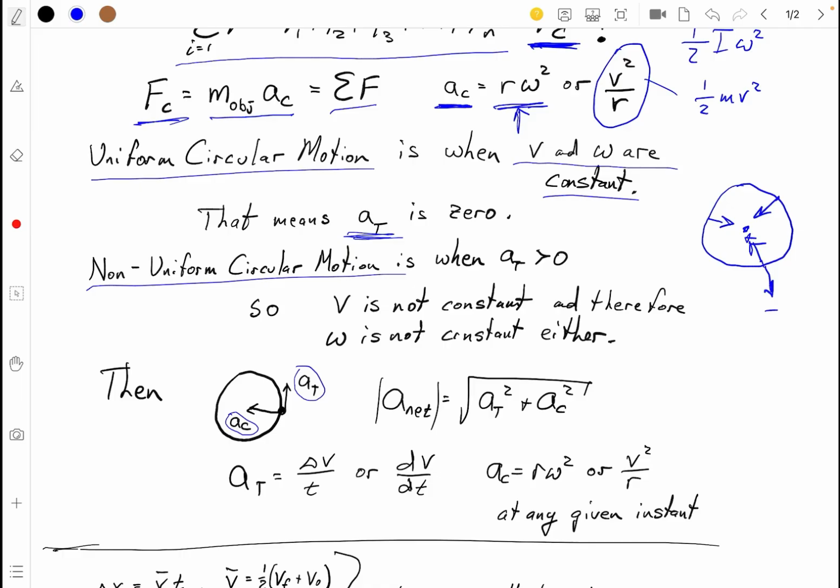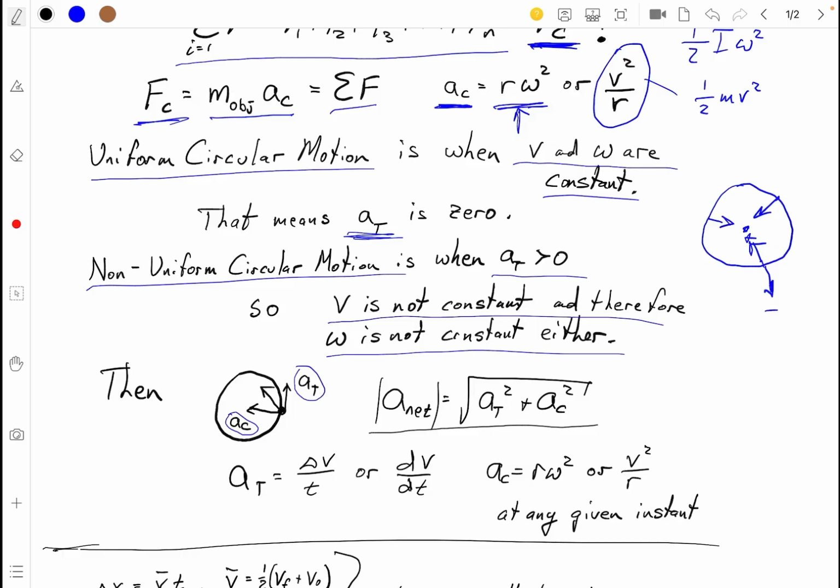Non-uniform circular motion, our velocity is not constant, our omega is not constant, and therefore we have a tangential acceleration. So if you have a tangential acceleration and you have another acceleration towards the center, in order to get the net, what is the net? The net is pointing here. Okay, it's the combination of both the tangential and the centripetal. So to get your magnitude, you do this.